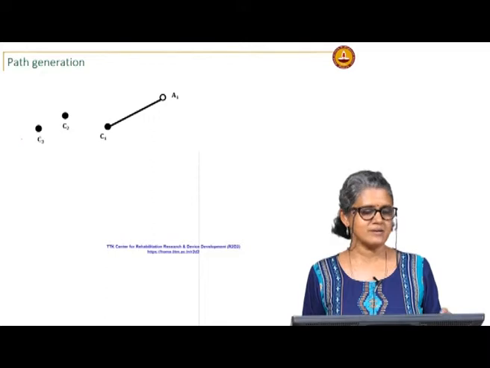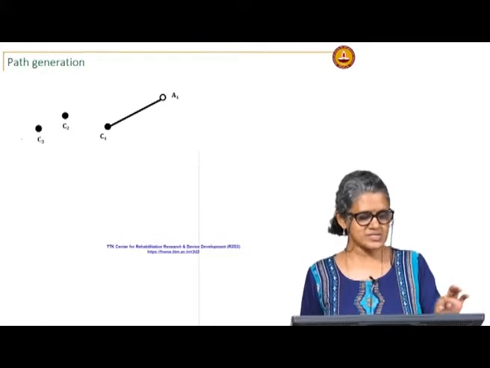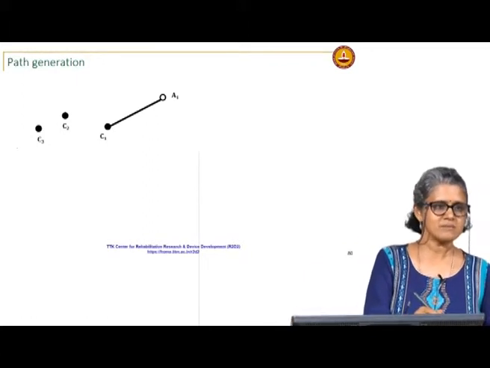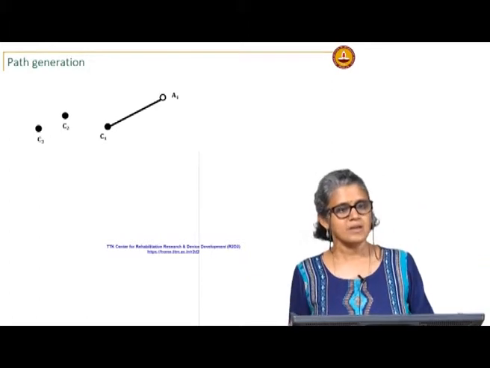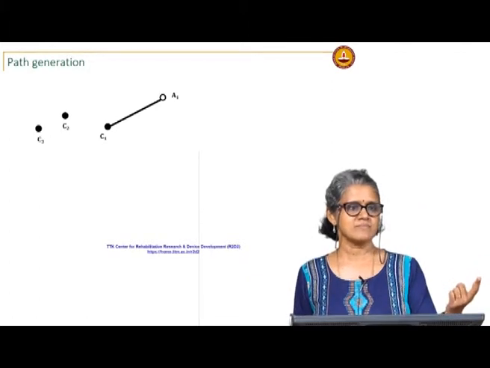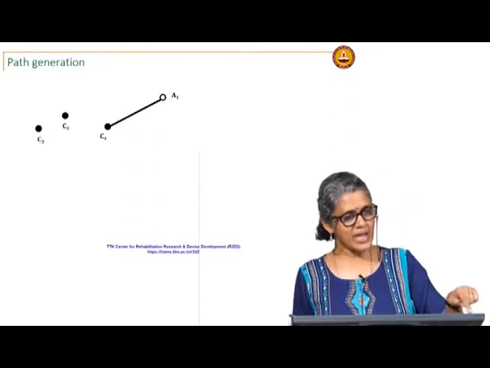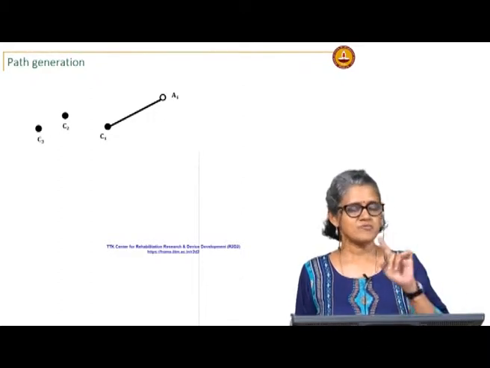I have to find the corresponding fixed pivot so that C1, C2, C3 lie on a circle. If I have more than 3 points, then that becomes a problem, but we will see later that you can synthesize for more than 3 points for path generation graphically.